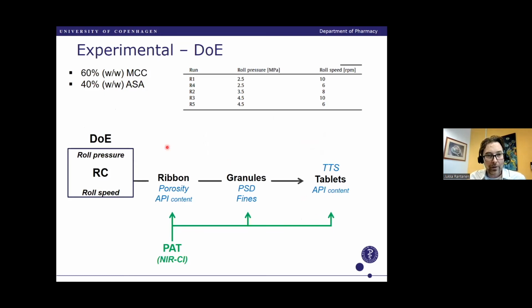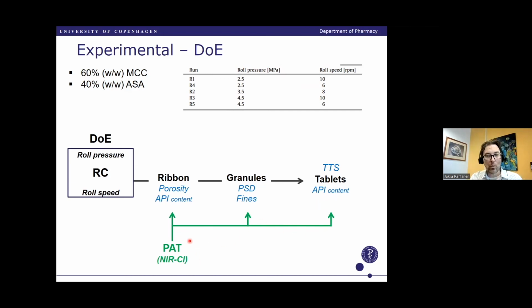So here we have a visual illustration of a cycle of this type of work. And this is an activity that we have been doing here with one of our students. So we made a simple roller compacted formulation consisting of cellulose and acetylsalicylic acid. And with this setup, we investigated the effect of roll pressure and roll speed on the properties of ribbon, granules, and tablets.